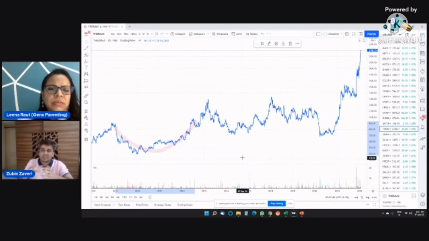Then some pattern is formed, and after the completion of this pattern, the downtrend reverses itself to an uptrend. So when these patterns are formed, what do we need to do? Once we identify this pattern on the chart, we can simply buy the stock, assuming that the uptrend will now start.